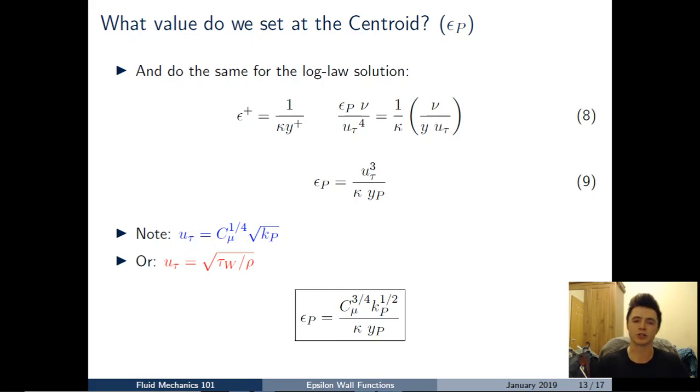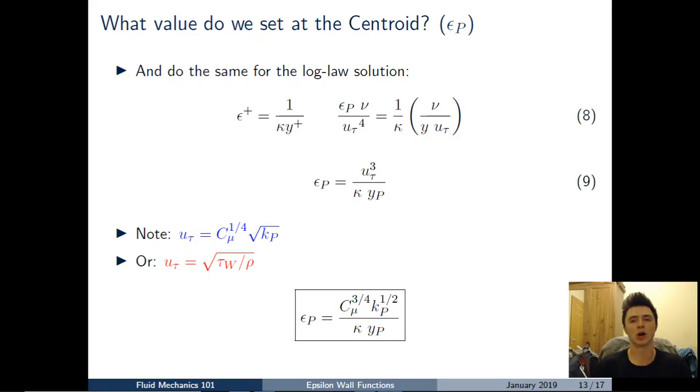And this is a very important distinction for the wall treatment of epsilon, that the friction velocity, u tau, is based on the square root of the turbulent kinetic energy at the cell centroid rather than the wall shear stress. And this approach is sometimes referred to in the literature as the approach using y star rather than y plus.